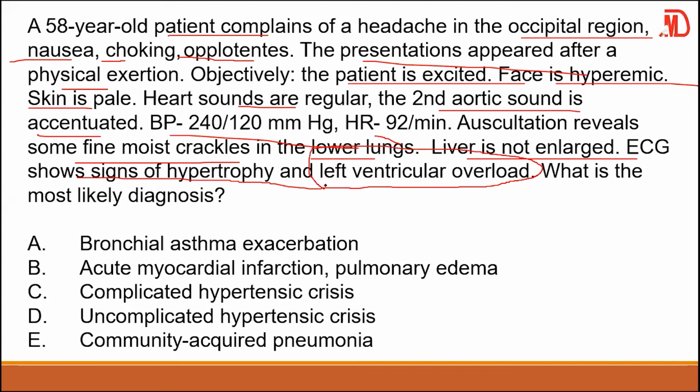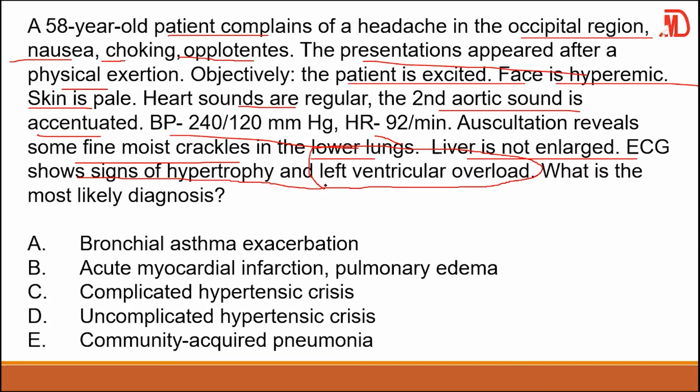So when we say ventricular overload, what comes to mind? Who can tell me? What is making it overload? When we're having ventricular overload, I mean the ventricle is overloaded. Overloaded with what?